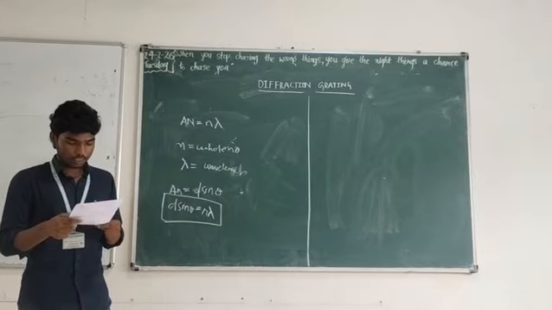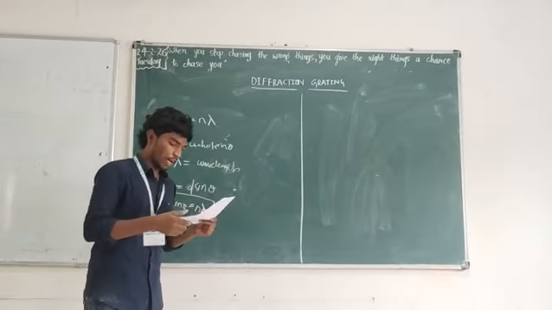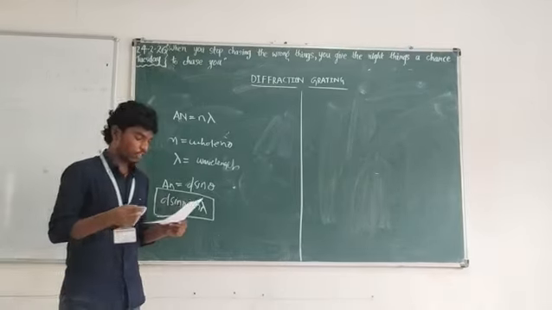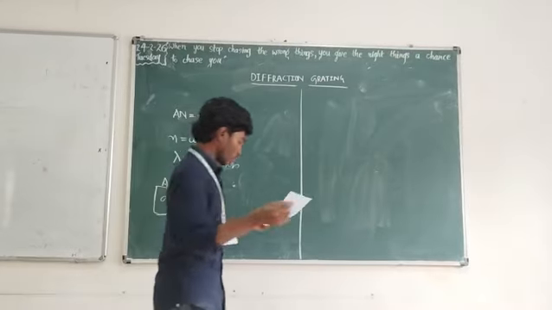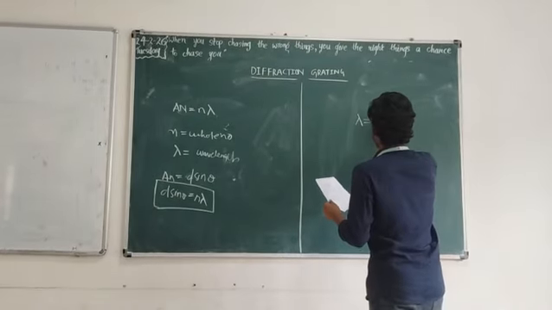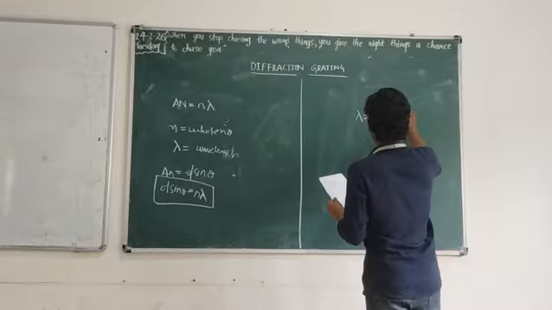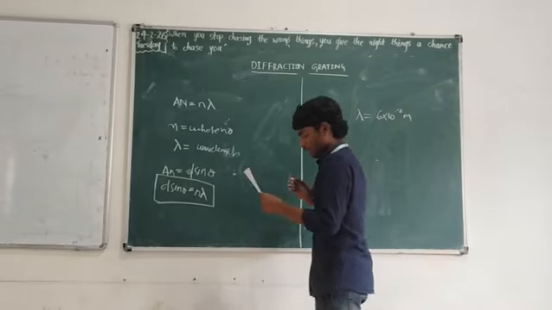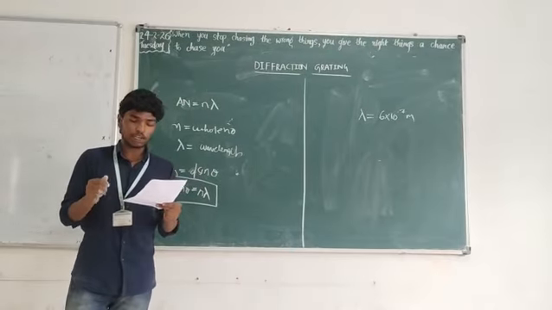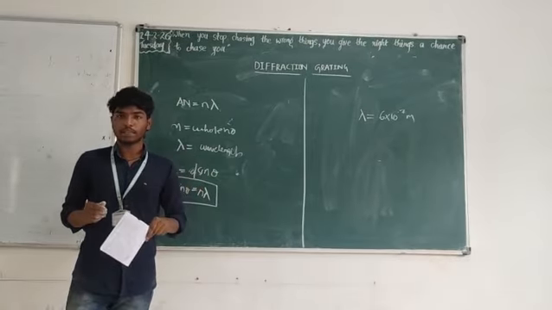Okay, suppose in an examination we are asked: suppose there is a yellow light of wavelength lambda equals 6 into 10 raised to minus 7 meter, and we are asked to calculate the angle at which the 0, first and second order lines are coming.